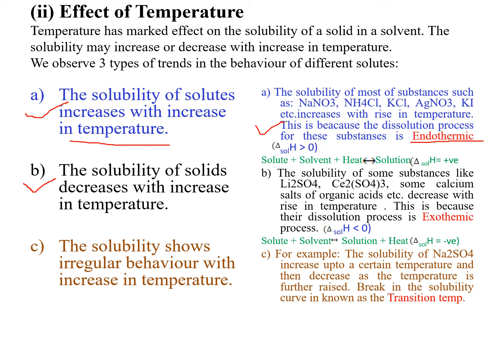The solubility of some substances like lithium sulfate, cerium sulfate, and some calcium salts of organic acids decreases with rise in temperature. Why? This is because their dissolution process is exothermic.